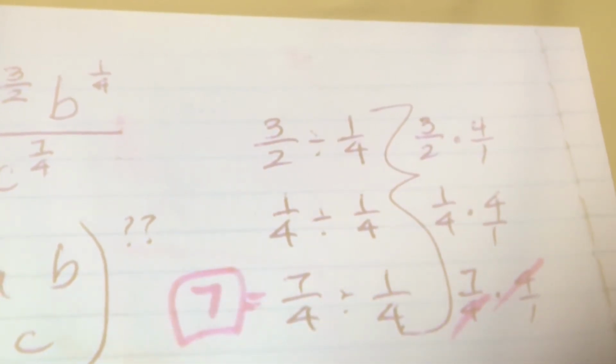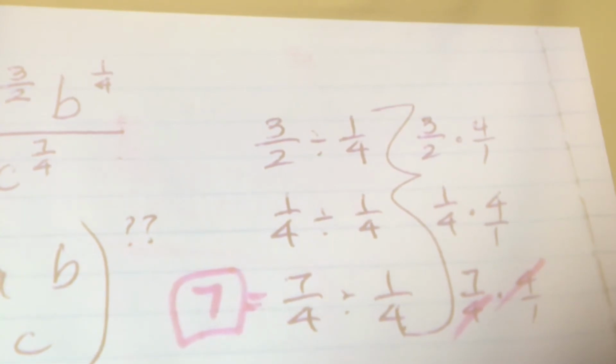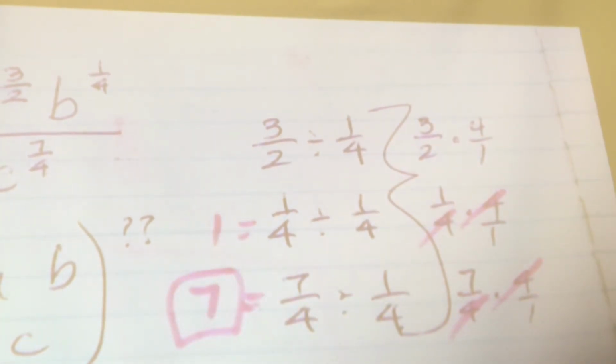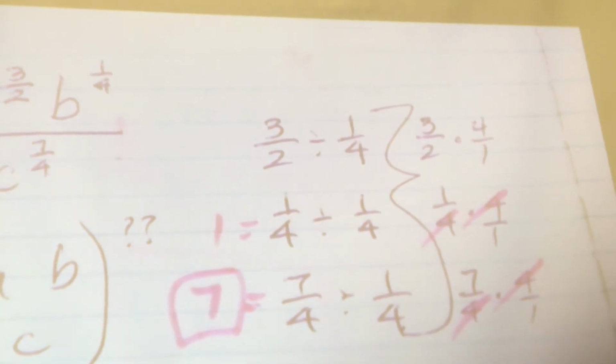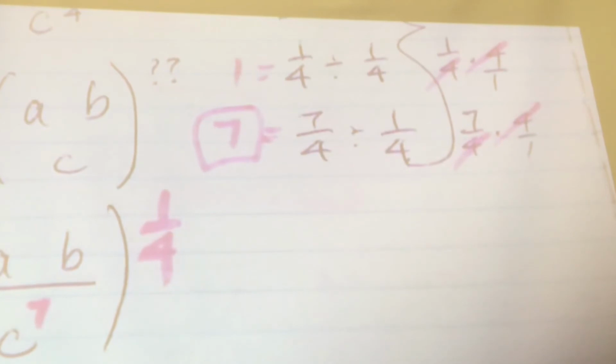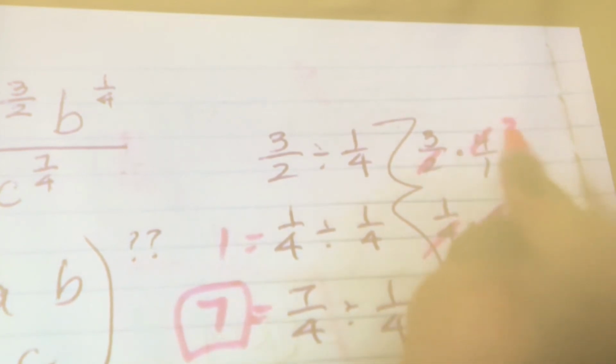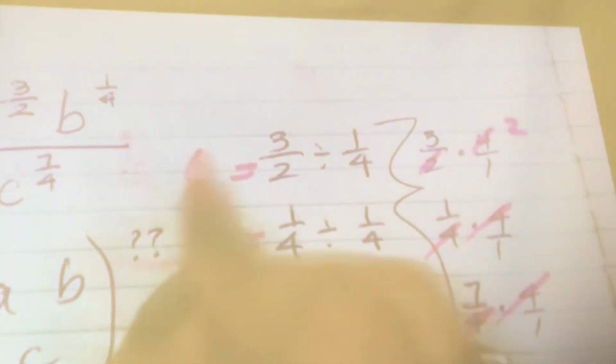So this guy was a 7 then. This goes away and you're left with just 1. That means the b is just 1, but I'm not going to put a 1 there because it's understood. And then this one, this 4 and this 2 are going to reduce and you get a 2. 3 times 2, you get 6. So then this guy is going to be a 6.